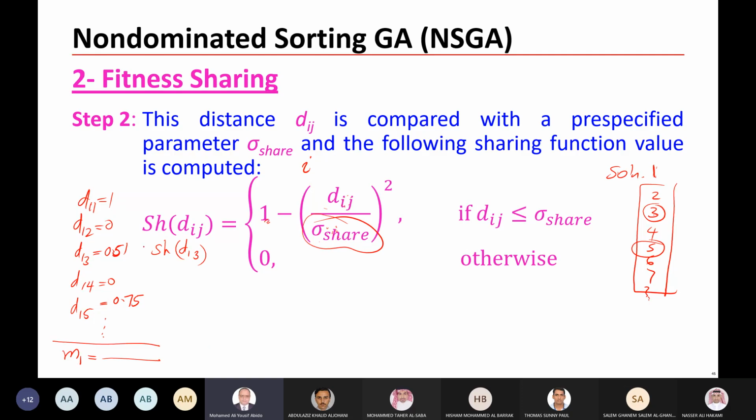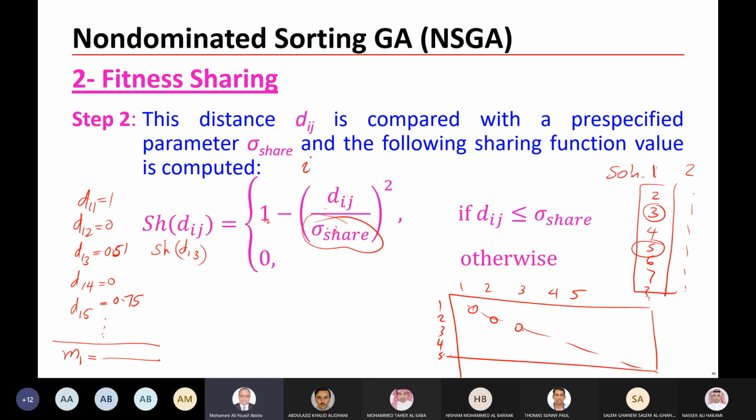And you repeat this for solution number 2, solution number 3, and so on. When you calculate distance, you have a distance matrix, 1, 2, 3, 4, 5, and so on, and this is a symmetrical matrix. We have zeros in the diagonal entries. So you can see the solution number 1, either you go vertical or horizontal, it doesn't matter. This is solution 1, and you compare with all the distances here.